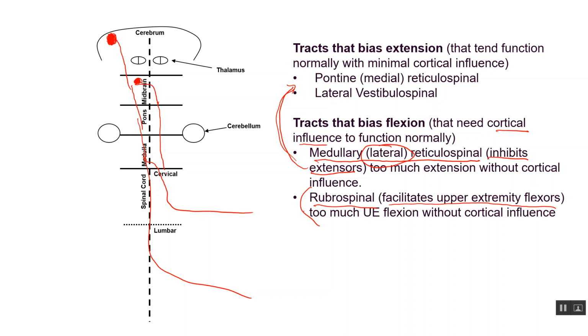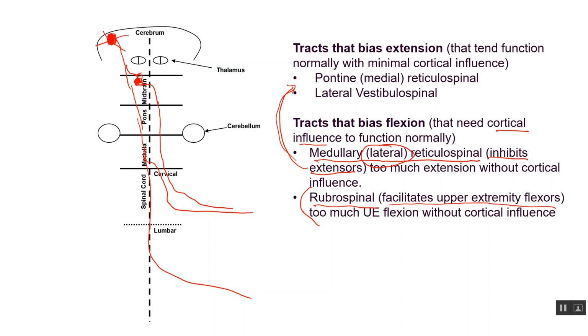It goes down to bias some upper extremity flexion here. There are some little collaterals that come off your corticospinal tract that help keep the rubrospinal tract functioning normally. It requires some influence to function normally. So if you have damage up here, you lose some of that control over the rubrospinal tract. And now all of a sudden the rubrospinal tract actually does too much flexion of the upper extremity.